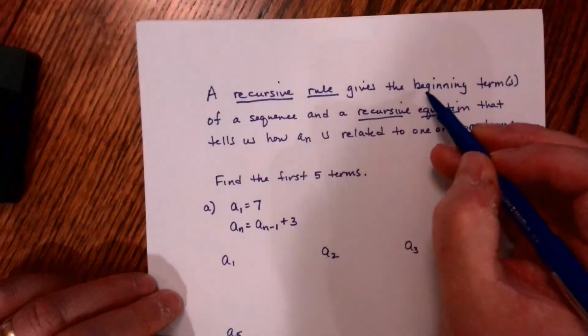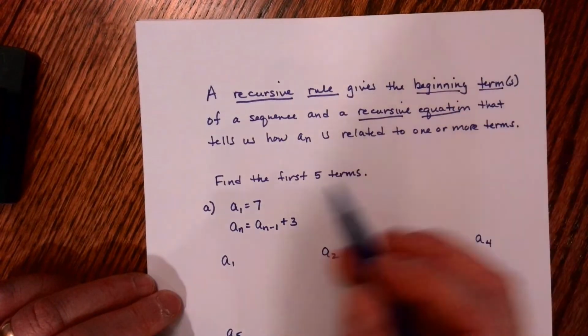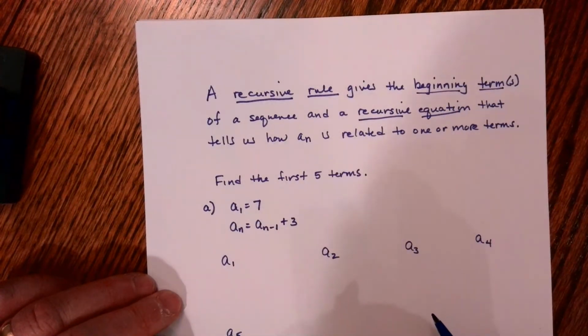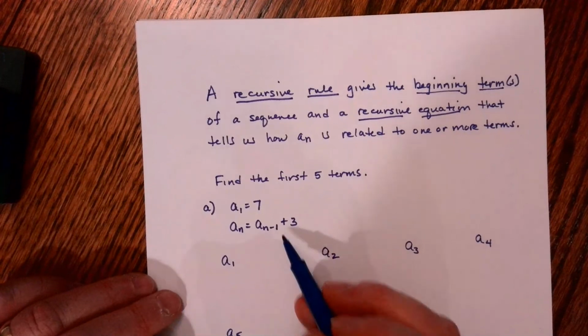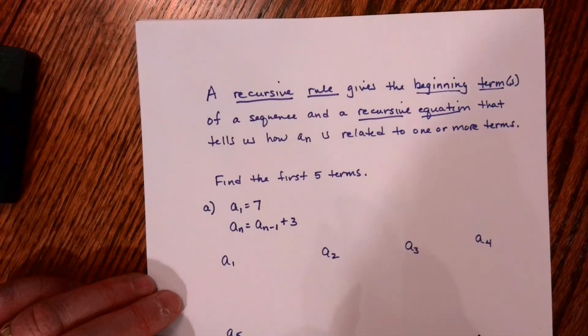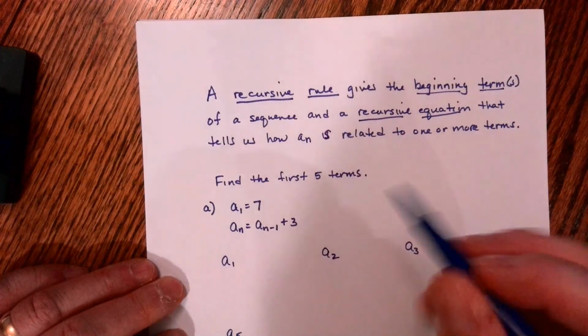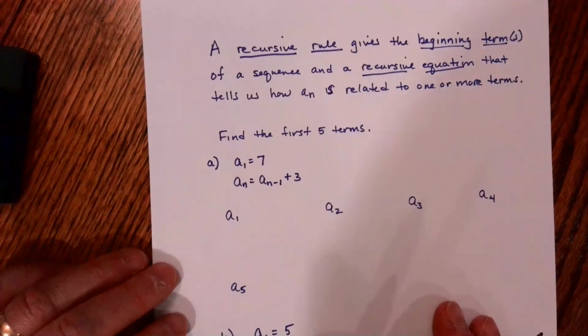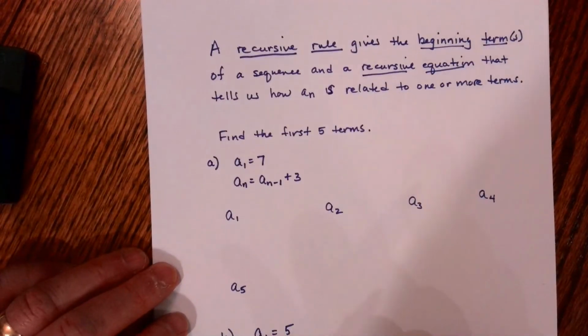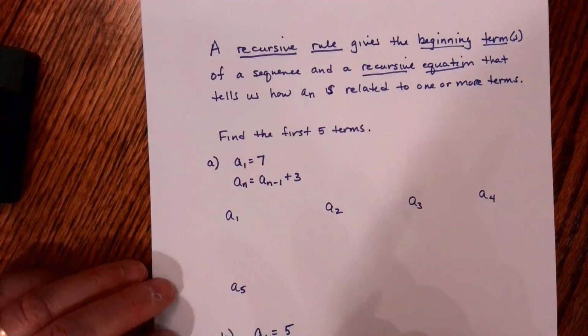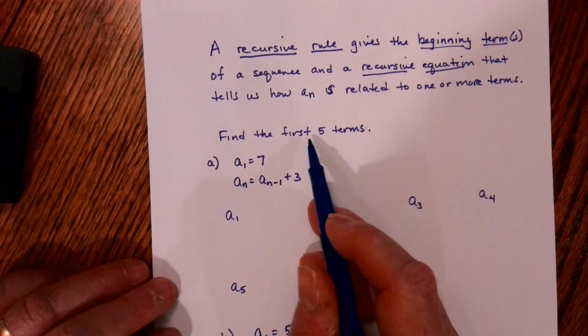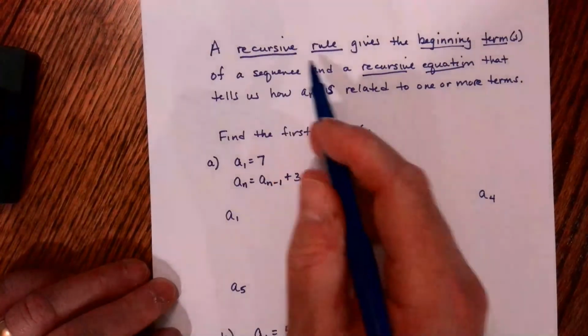The answer is yes. You will always get an initial term, and then you'll get an equation to support the rest of your terms. Now, the joke I like to tell here is that it recurves. So if you watch carefully what I'm going to do, it's really quite simple to figure out how to find terms using a recursive equation.